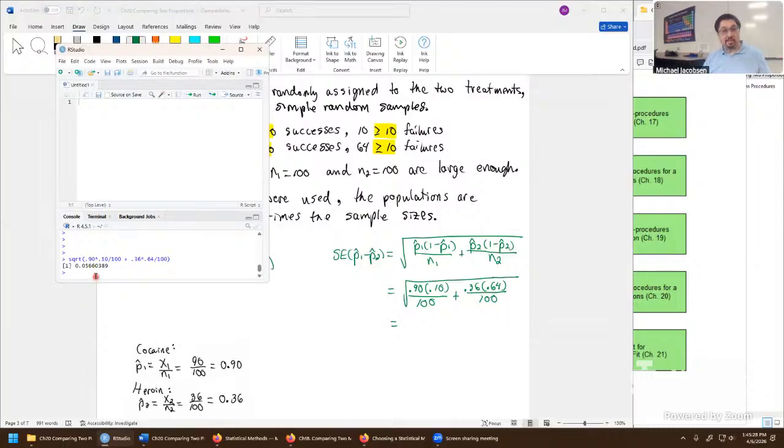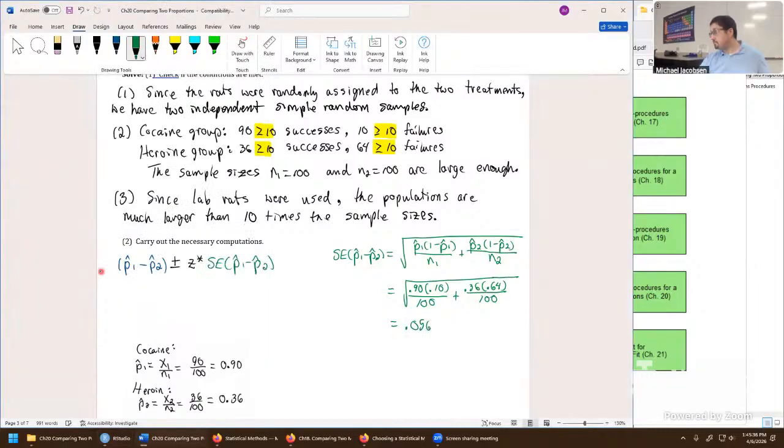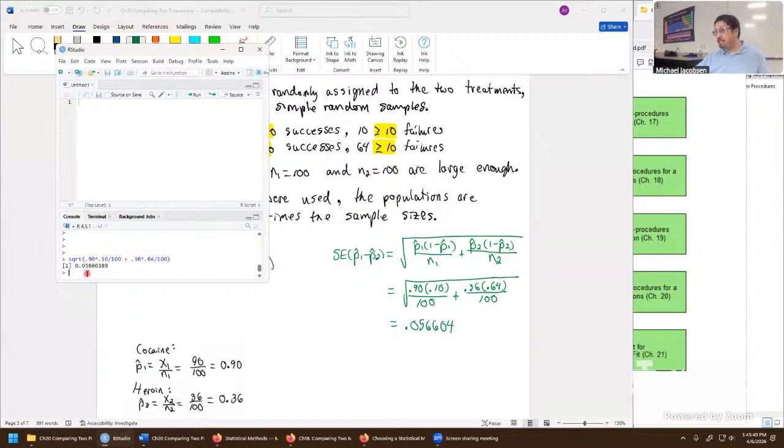I'll go to about 6 decimal places on this, 0.056604. Let me double check my digits. 0.056604. Okay, I think we've got it.